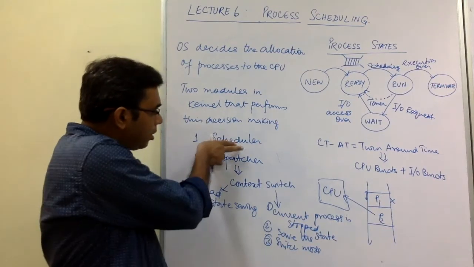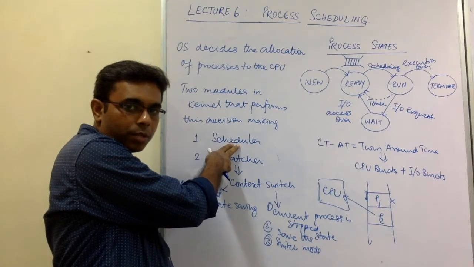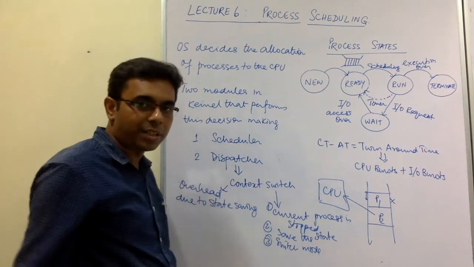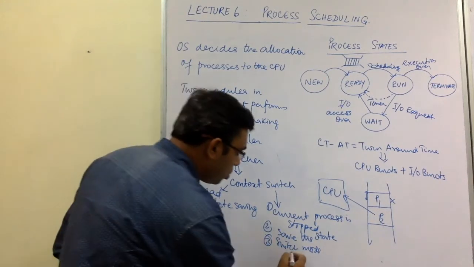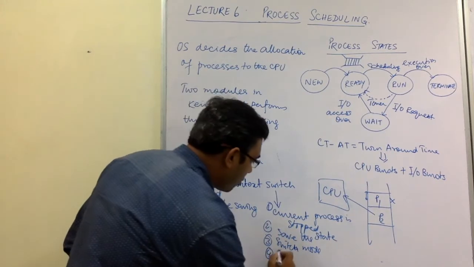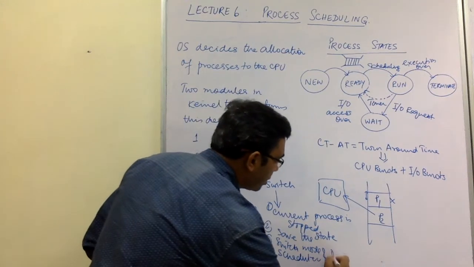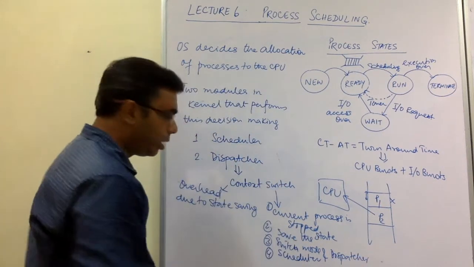Then these two run. The scheduler decides which process in the ready queue should be executed. Then it allows the dispatcher to send that particular process to the CPU. The scheduler and dispatcher run because it's kernel level code.